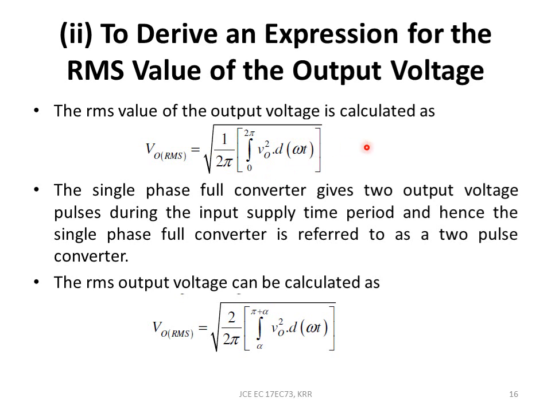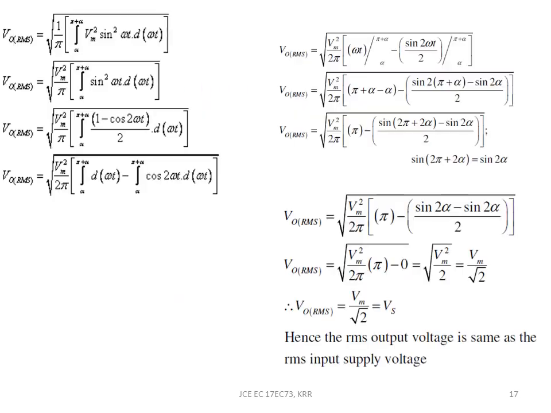This is the general formula we have to use. Looking at the waveform, we know the conduction angle will be alpha to pi plus alpha. And because it's a full wave, I'm going to write 2, as I am going to get 2 rectified pulses at the output. So 2 upon 2 pi, substitute here the input value and evaluate the value of RMS.